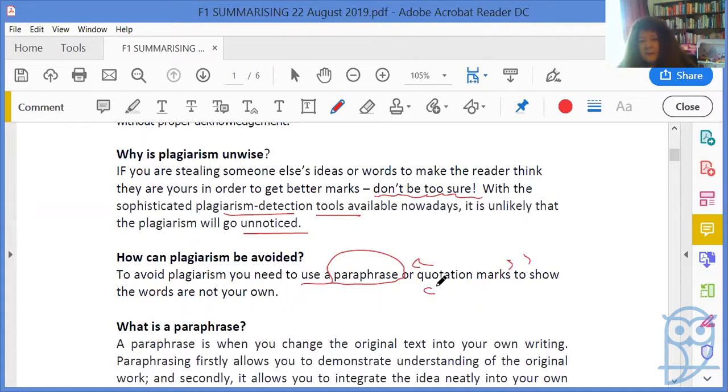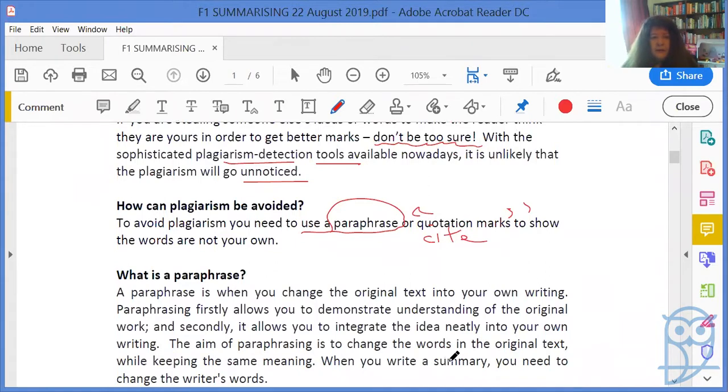Then you would cite where you got the quotation from. So you're not that likely to have to do too much of that at this stage, but for future reference, keep that in mind. Now we're talking about paraphrasing, and what on earth is a paraphrase?